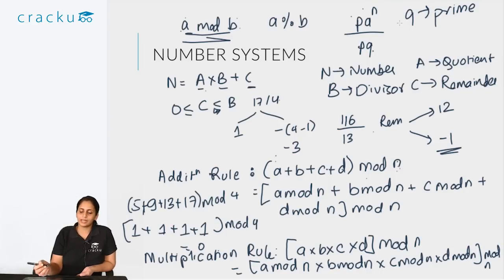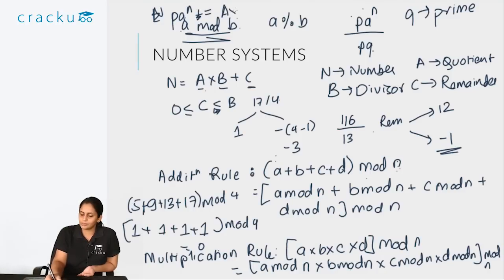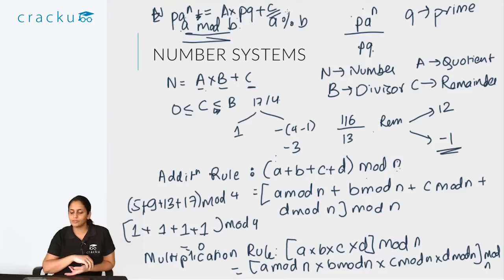The reason for this is that you are expressing this in the form where n is equal to a into b plus c. So pa raised to n is equal to a times pq plus c, and you have to find c. Whenever you cancel off p from both numerator and denominator, you are implicitly dividing the remainder also by p.